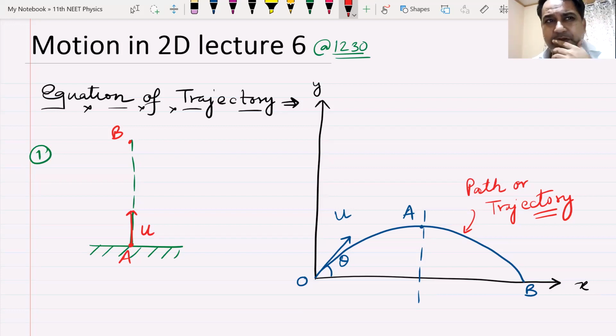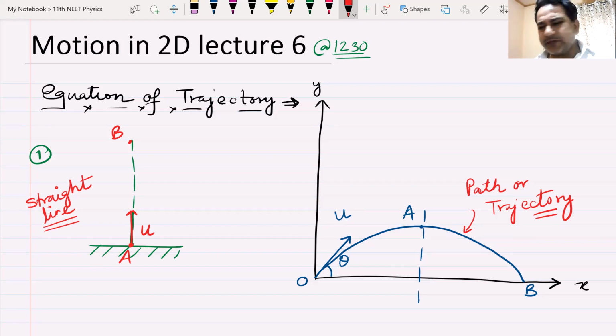What type of path does this body follow? It's very simple. It follows a straight line path. Yes or no? Isn't it following a straight line path? Yes or no? It's very simple.